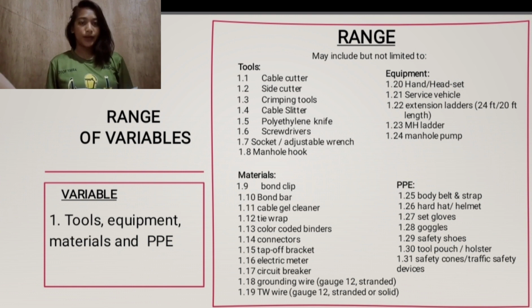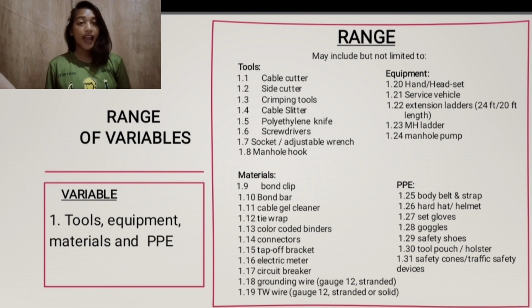Range of variables. First, the variables consist of tools, materials, equipment, and PPE. Tools consist of cable cutter, side cutter, crimping tools, cable slitter, polyethylene knife, screwdrivers, socket or adjustable wrench, and manhole hook.